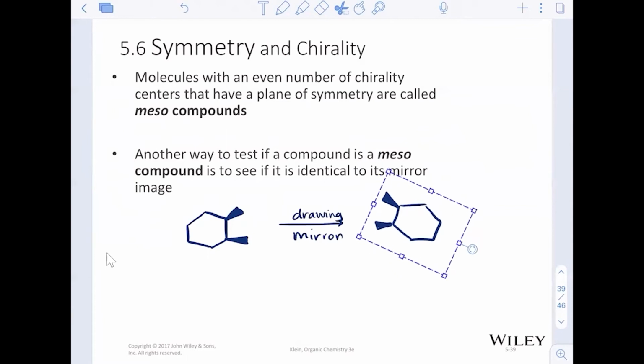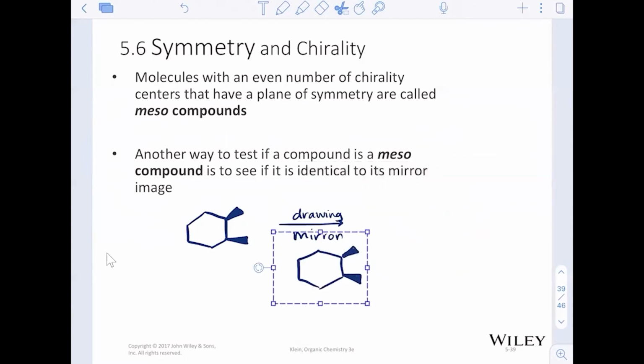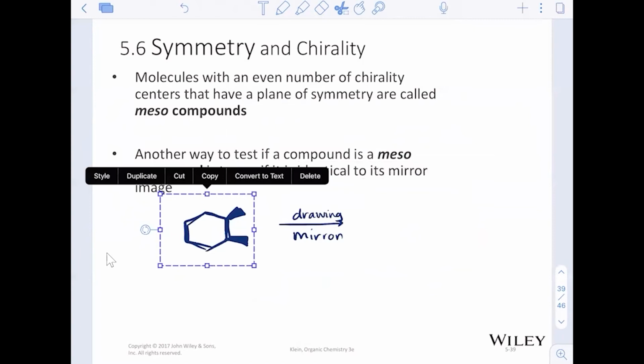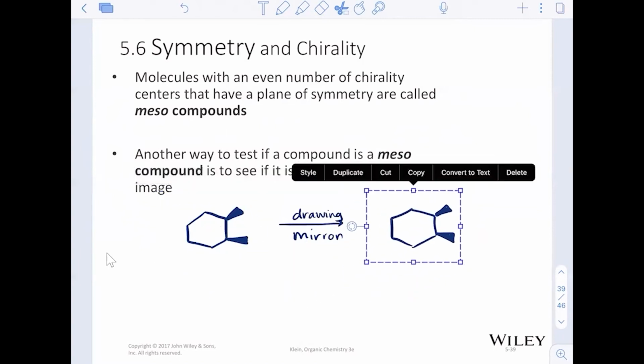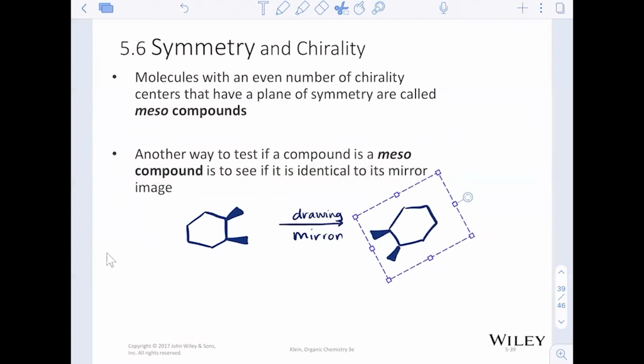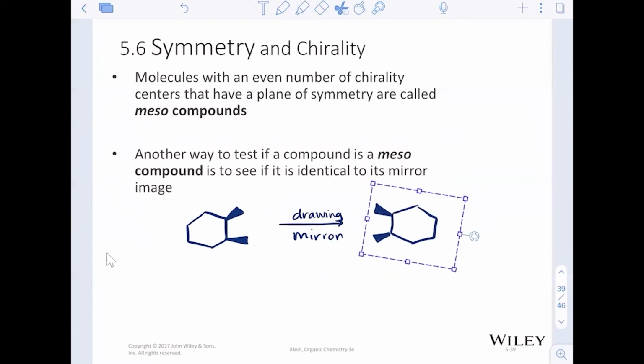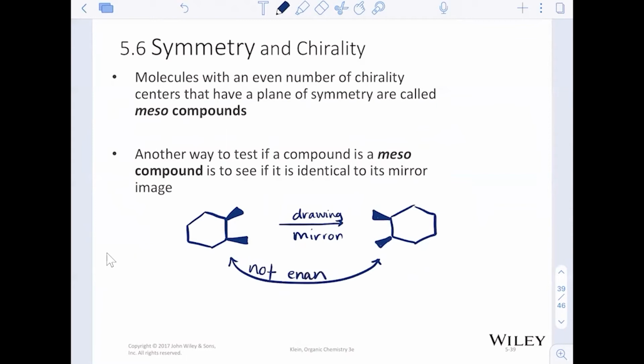I'm just going to rotate this, and look, it's superimposable. The mirror image should be the enantiomer, but these are not enantiomers. They are identical.